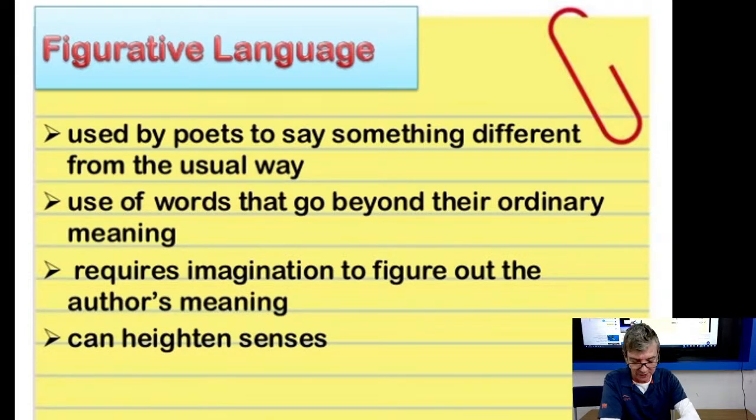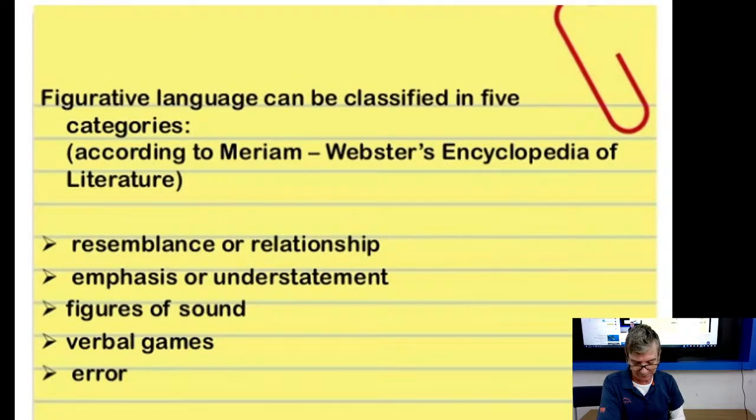Alright, so remember what this is all about. This is all about new ways of expressing yourself, heightening the senses and a deeper understanding, and using language which makes you think of images and imagine things in a different way. Okay? Right, first one then.